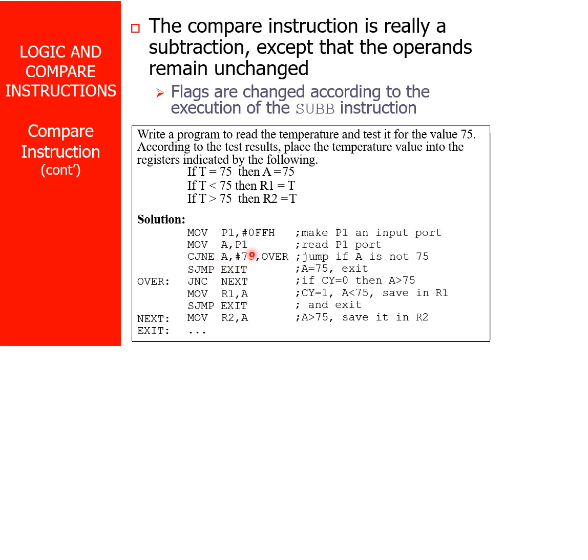Once again, if accumulator is less than the data, carry flag will be 1. In all other cases, carry flag will be 0. And CJNE will work when the data is not equal. If the data is equal, where will it go? It will go below here. So if it is not equal, it will go here. Then after going here, we are checking whether the data is greater or less. If the data in A register is less, carry flag will be 1.